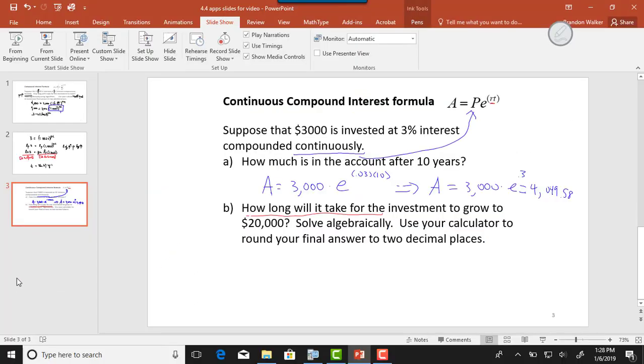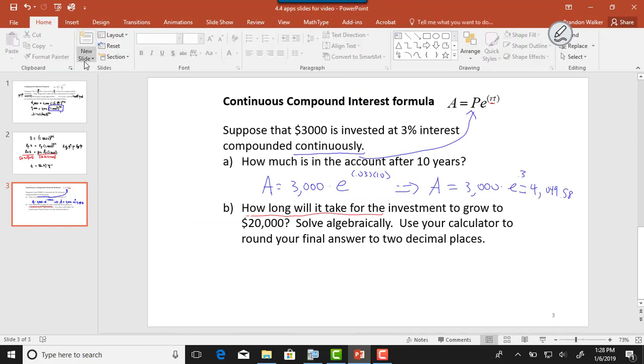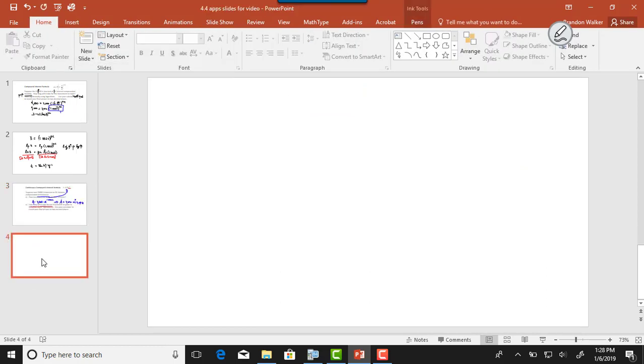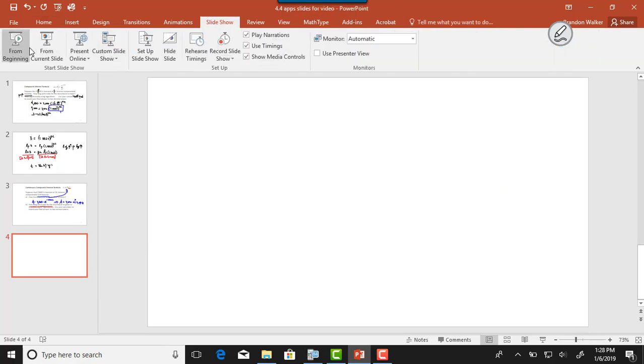So let me get a blank slide here. All right, so how long is it going to take to have $20,000? So I need 20,000 to be equal to 3,000 times e raised to our interest rate, which is 0.03, all that times t. So again, we're trying to get this t out of the exponent.